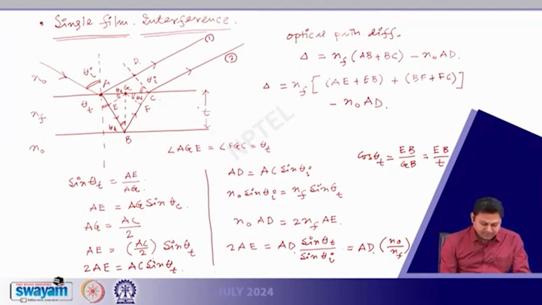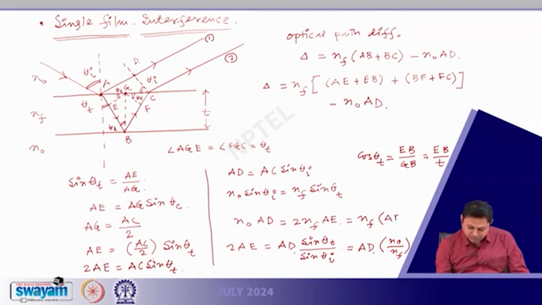Now 2 of AE can be written like NF multiplied by AE plus FC, because AE and FC are same. So this I can write is NF multiplied by AE plus FC. Now all the components I believe I figured out, I need to put it here.